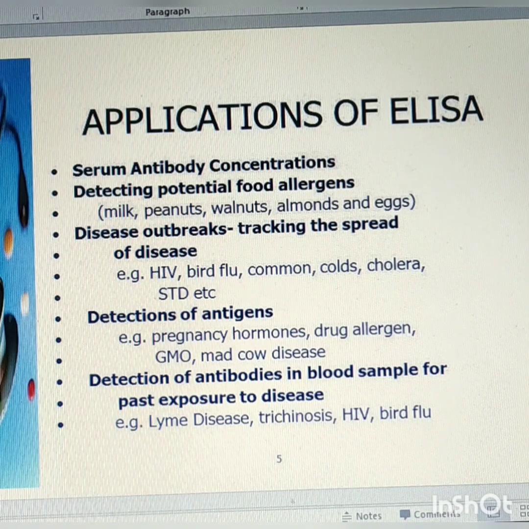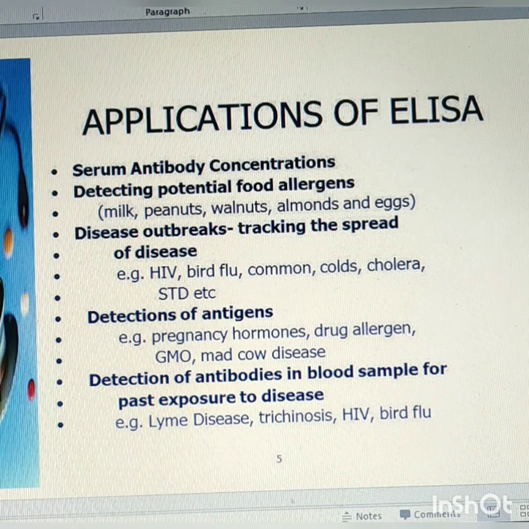Applications of ELISA. Generally, serum antibody concentrations are detected by ELISA. Potential food allergens such as allergen in milk, peanut, walnut, almond, eggs are detected.